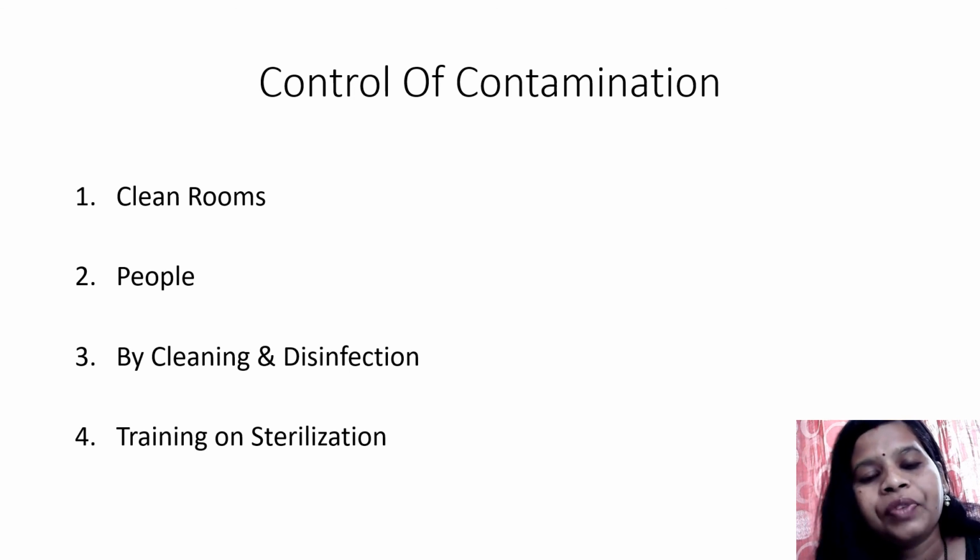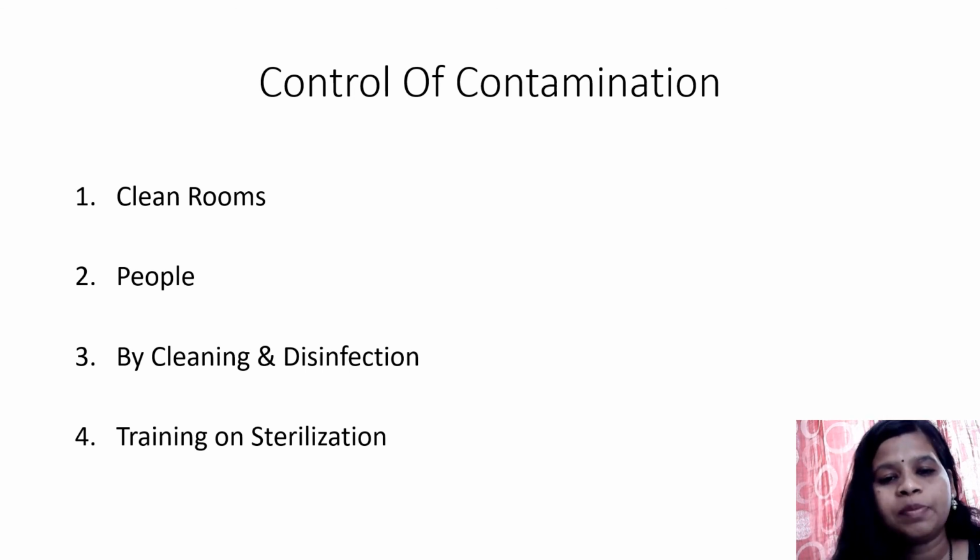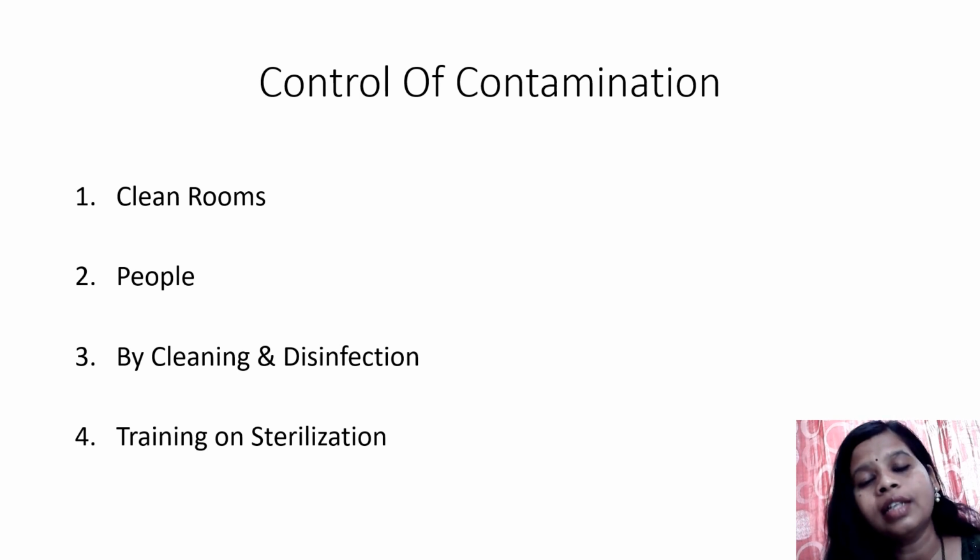So here, every person performing the sterilization should be trained on this particular sterilization process, and the persons are required to follow the exact procedures in the SOP, exactly as they are.